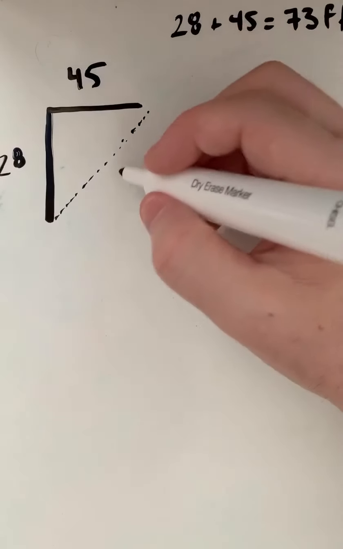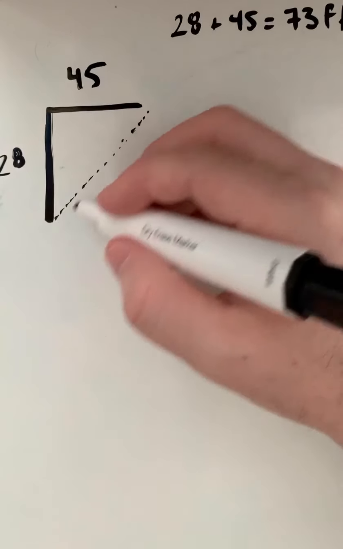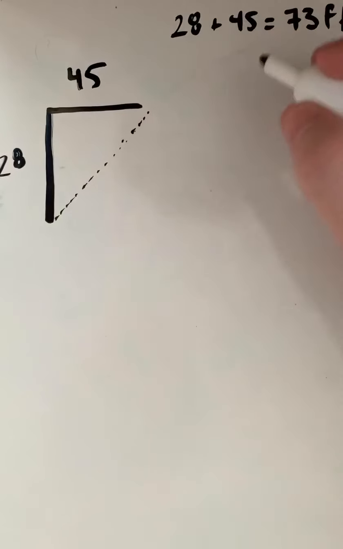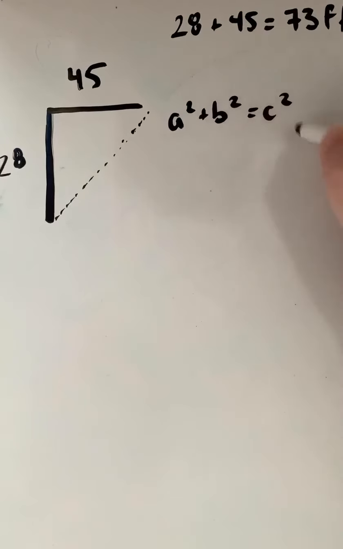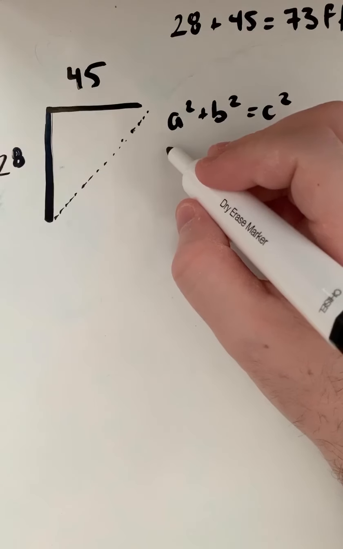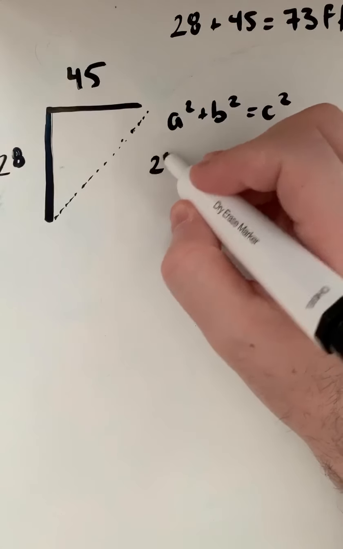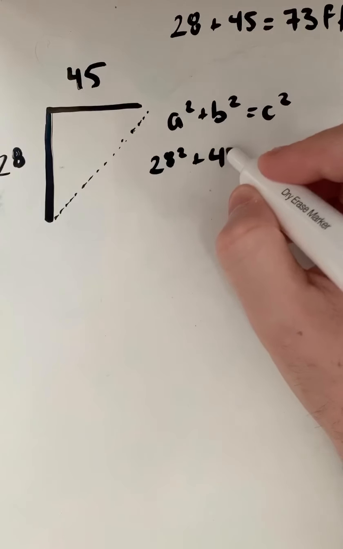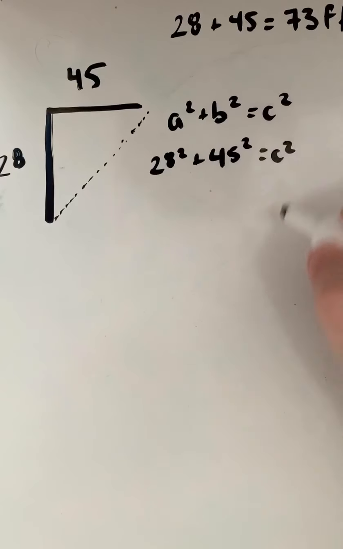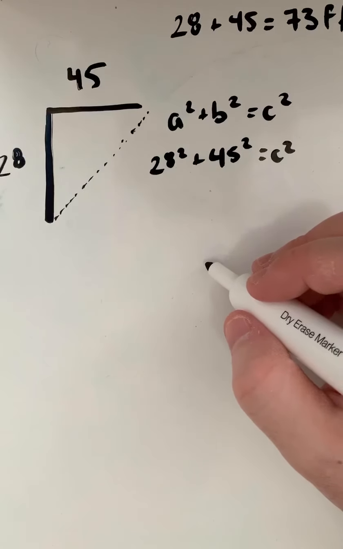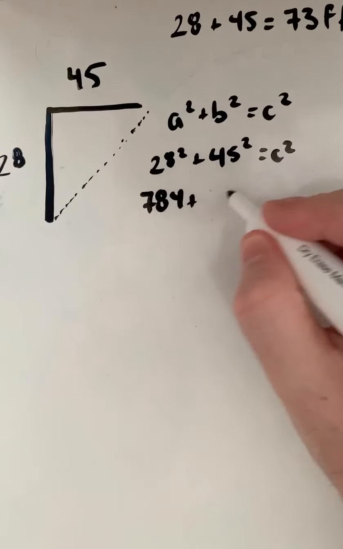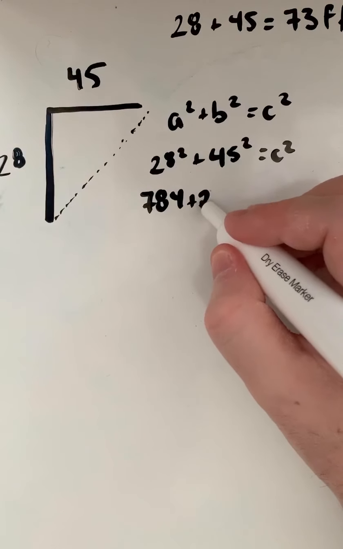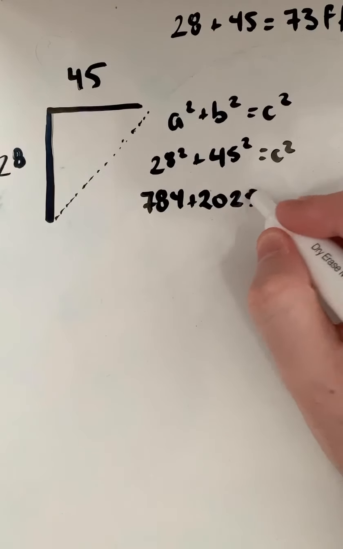We know his shortcut is going to be the hypotenuse. So a squared plus b squared equals c squared. We're going to do 28 squared plus 45 squared equals c squared. 28 squared is 784. 45 squared is 2025.